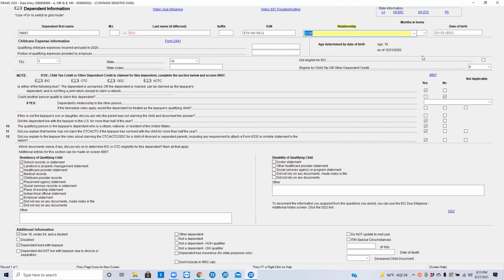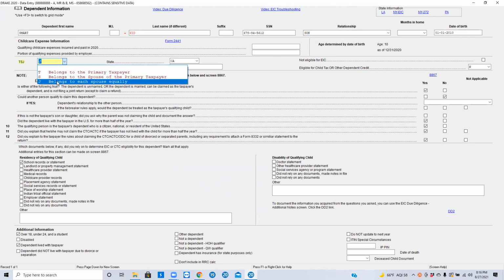Now in this situation, you need to ask whether you would like to claim this kid for both husband and wife, or just husband or wife. But in most situations, the kid belongs to both husband and wife.